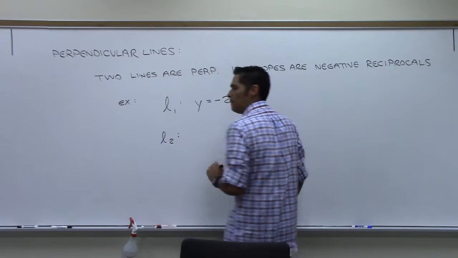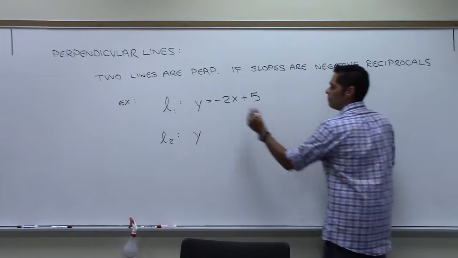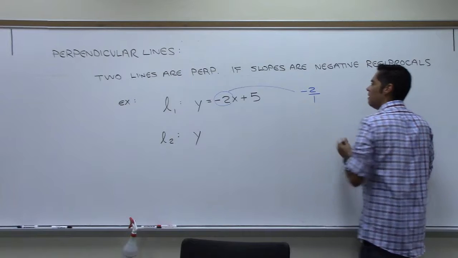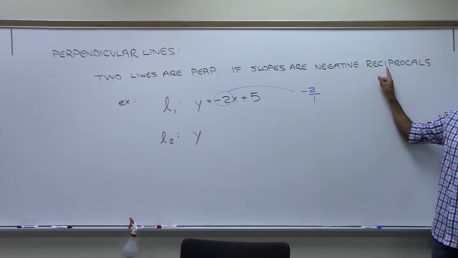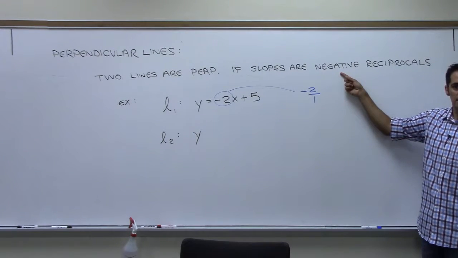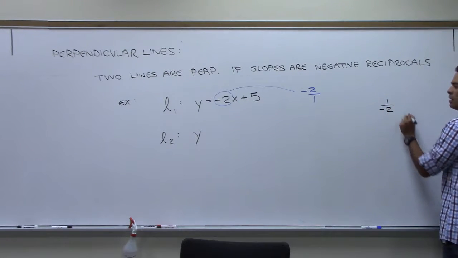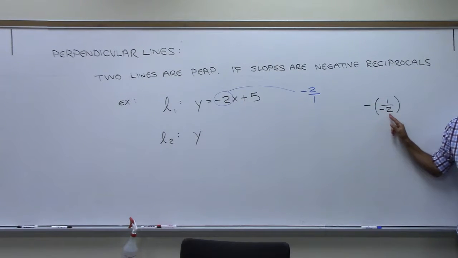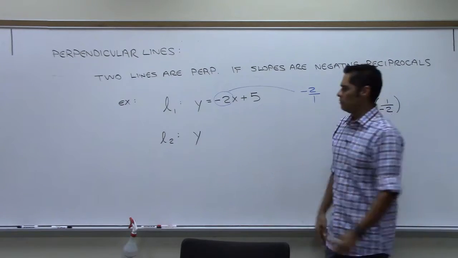If I want these to be perpendicular, I look at the slope of this line, which was -2 over 1, and I take its reciprocal, which is this fraction flipped, and then take the negative of it. Flipping that fraction over, you get 1 over -2. Then make it negative, so a negative of a negative becomes positive. So the slope of this line must become positive 1/2.